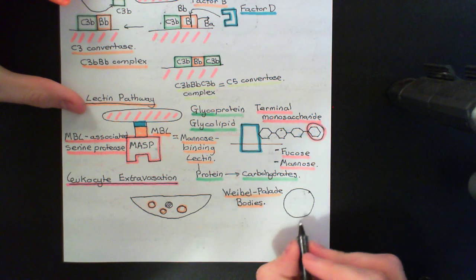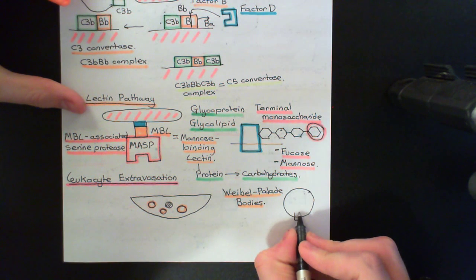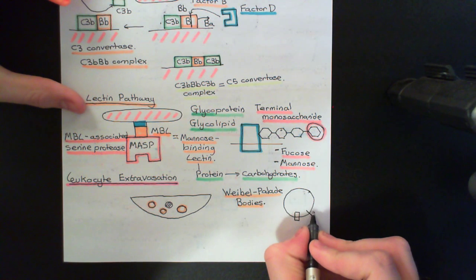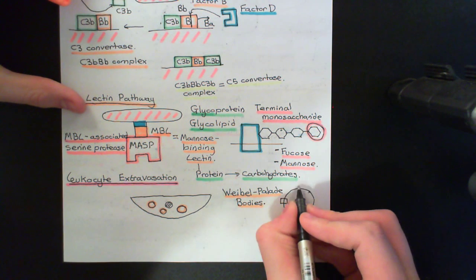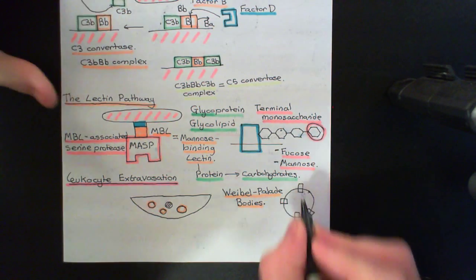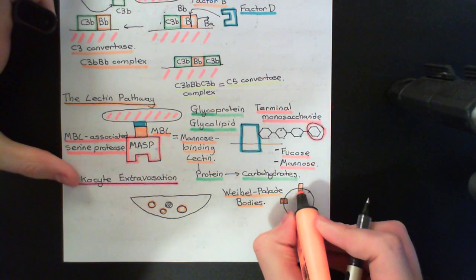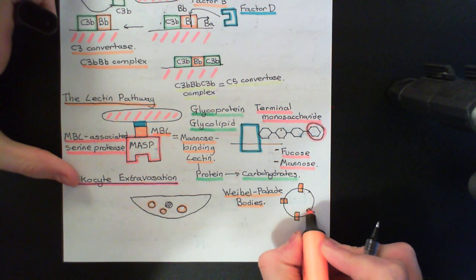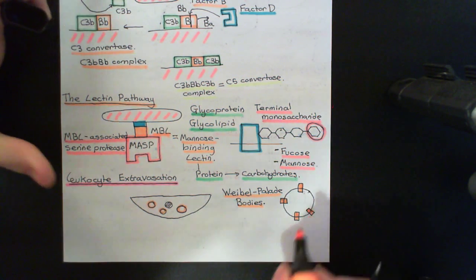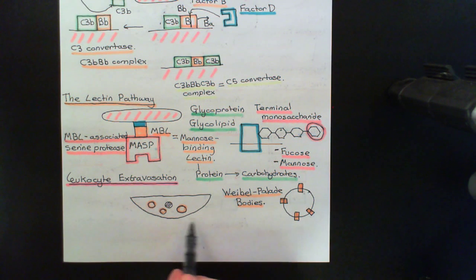So here is the membrane of the Weibel-Palade body, and in the membrane what you're going to have is an integral membrane protein known as P-selectin. So these proteins, which I'll colour in orange, these rectangles, are representing integral membrane proteins that are stored in the Weibel-Palade body and which are sequestered there. They're not in the apical membrane of the endothelial cells usually.